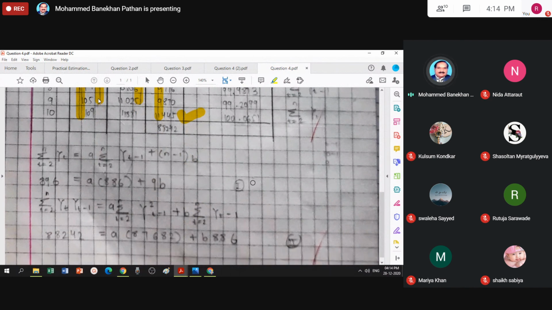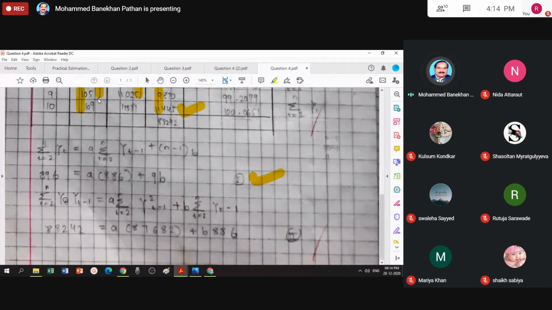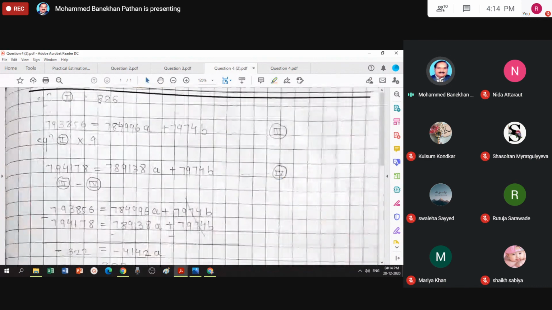I got equation 1 in terms of small a and small b. In the second equation, I put the respective totals and I get equation number 2. So by solving equation 1 and equation 2 by your school mathematics, you are able to decide the value of small a.